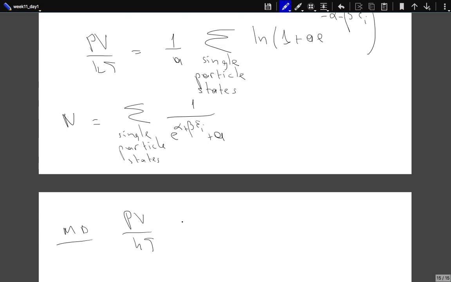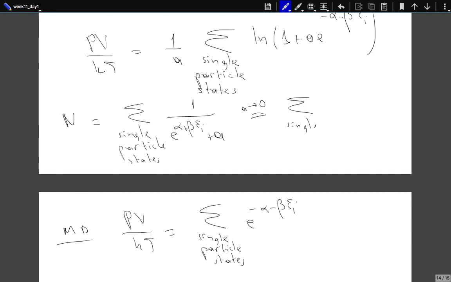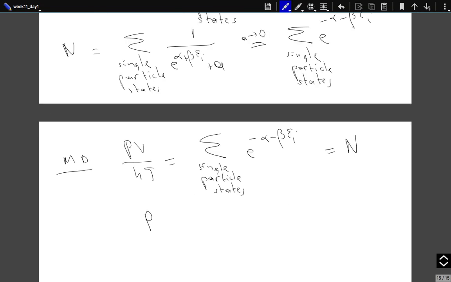So you can just take a limit. This is the sum over single particle states of e to the power minus alpha minus beta epsilon I. But this one, as A goes to 0, is also the sum over single particle states of e to the power minus alpha minus beta epsilon I. So this is nothing but N. So PV is equal to NKT.